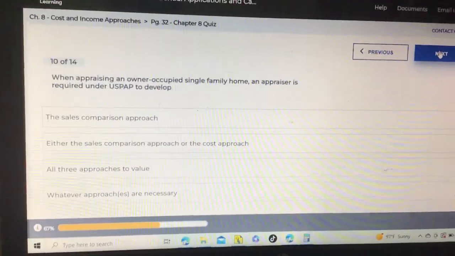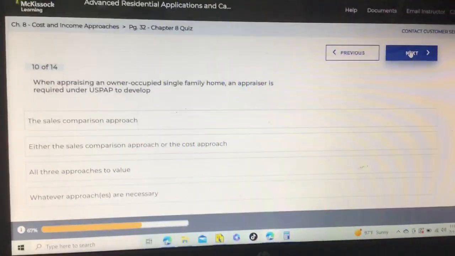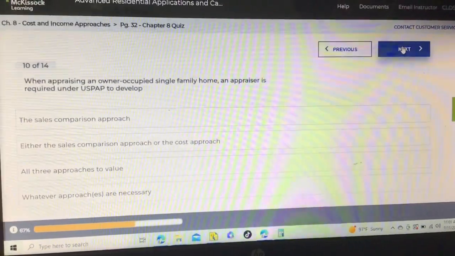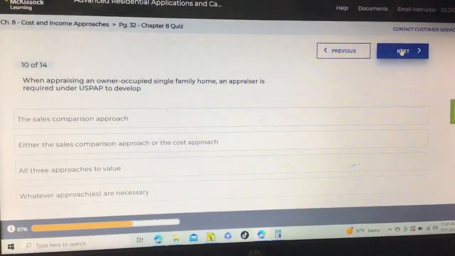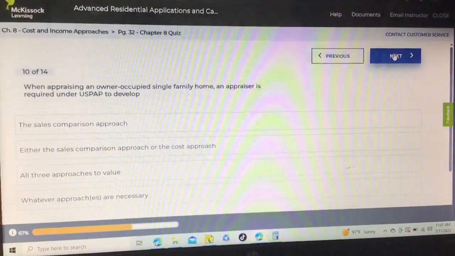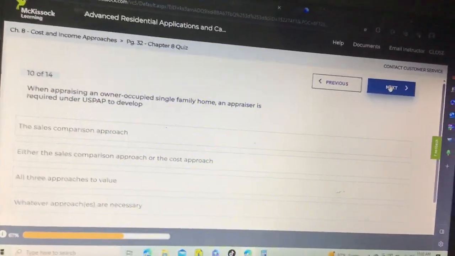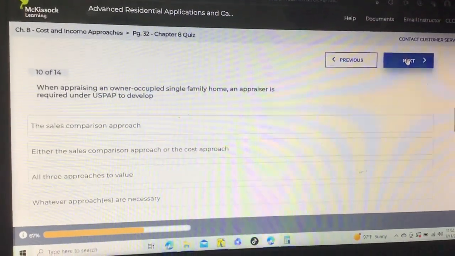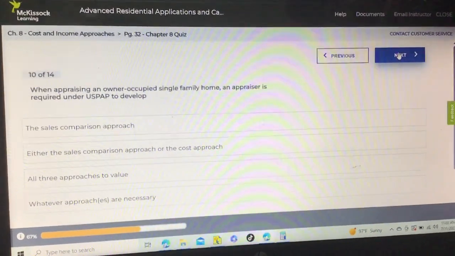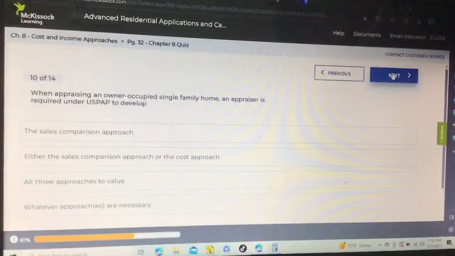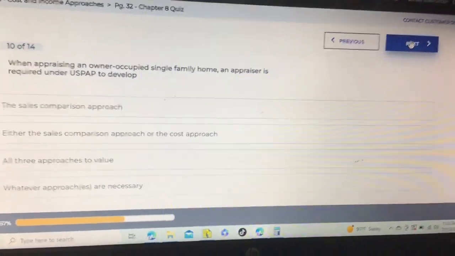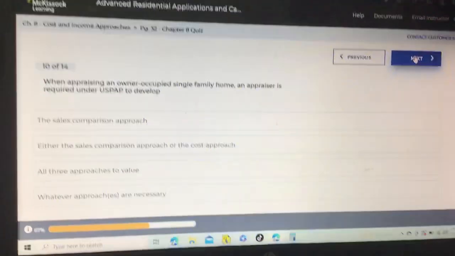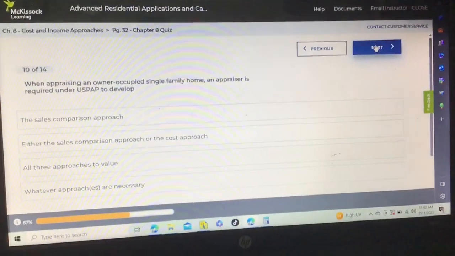Number 10. When appraising an owner-occupied single-family home, an appraiser is required under USPAP to develop A, the sales comparison approach, B, either the sales comparison approach or the cost approach, C, all 3 approaches to value, or D, whatever approaches are necessary.